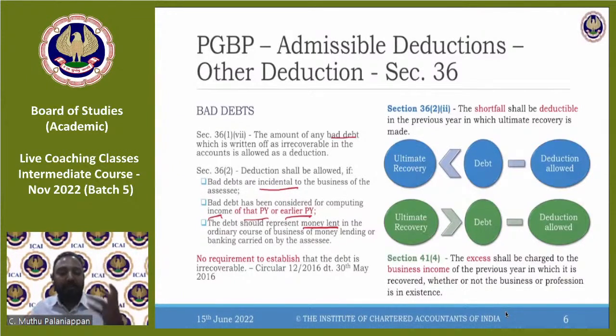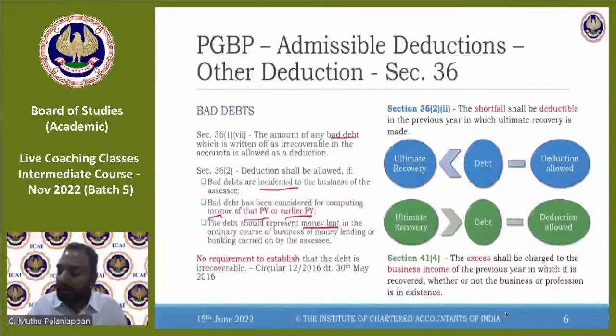If it relates to a loan, they must be in the business of banking. Why? Only then it is an income transaction. So to keep it short, it must have been an income in some earlier year. That only should be considered as bad debt.